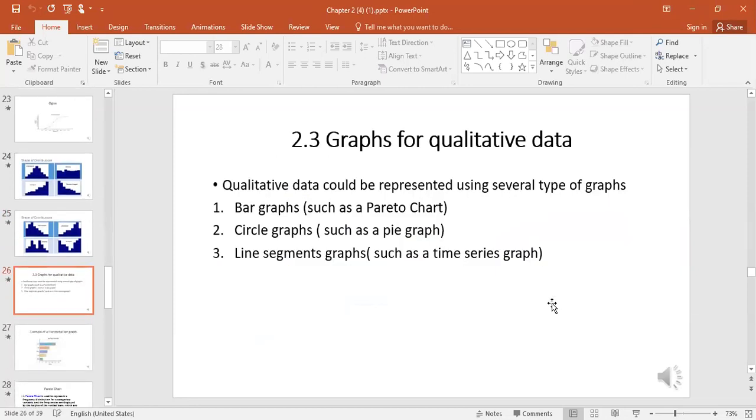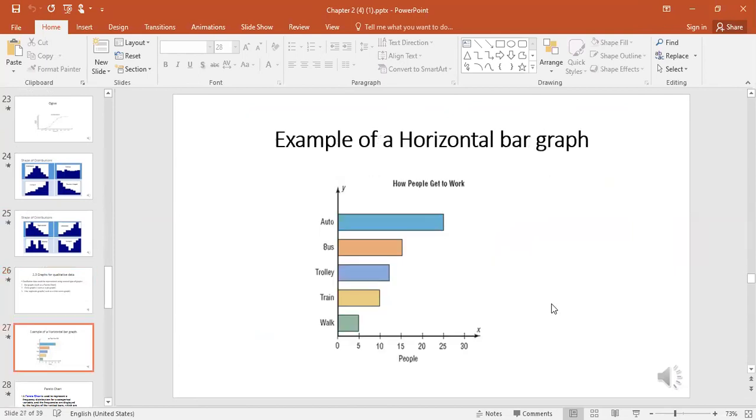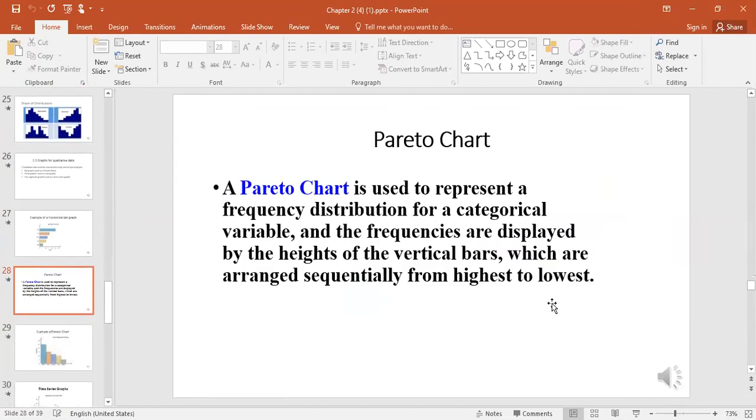There are other types of graphs that we can do using qualitative data. Qualitative data could be represented using a Pareto chart. Here we have categories like the blood type, which we will use as we did for a histogram, with the difference that we are going to arrange the bars in descending order.